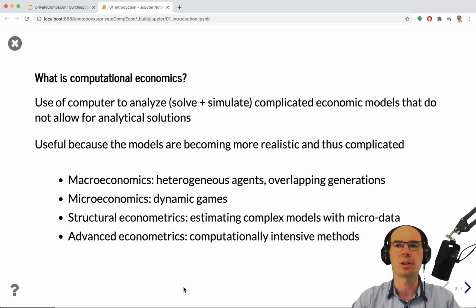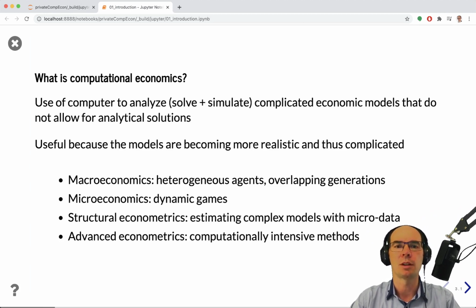So what is computational economics at large? I would say that under this term, we understand the use of computers in economic modeling or economic analysis. And this is something that is becoming more and more common because the models that economists work with tend to be more realistic, and that implies they're more complicated and a lot of the time may not admit an analytical solution.